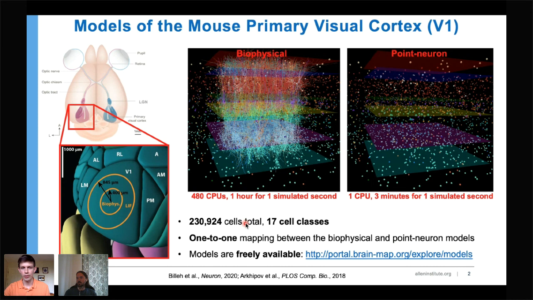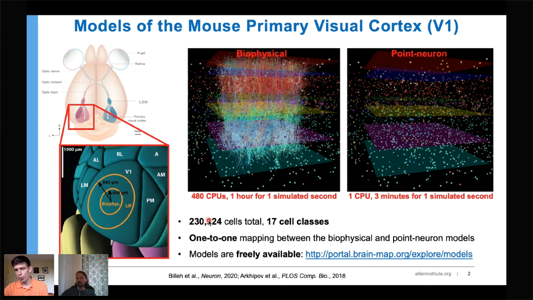They contain approximately 230,000 cells, incorporate a lot of realistic biological data, and include multiple cell types, 17 cell classes in this particular case.